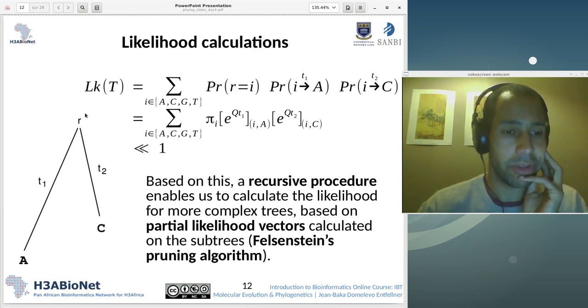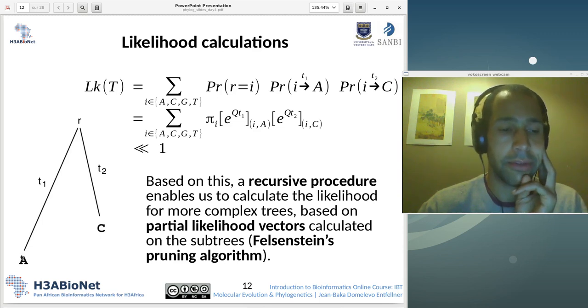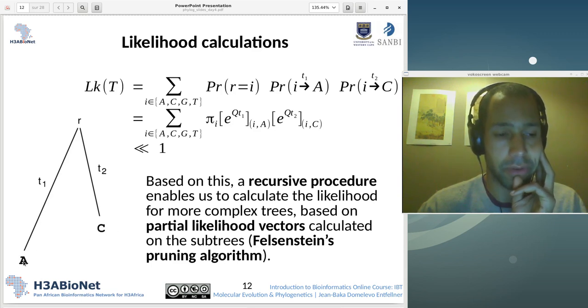So T is branch lengths plus topology, of course, this topology is very simple, and implicit substitution model Q. And what we see on the leaves, the data, D, is this aligned site A and C.